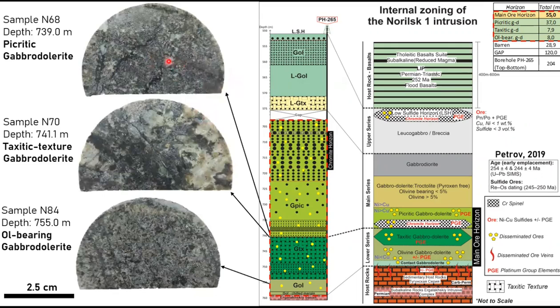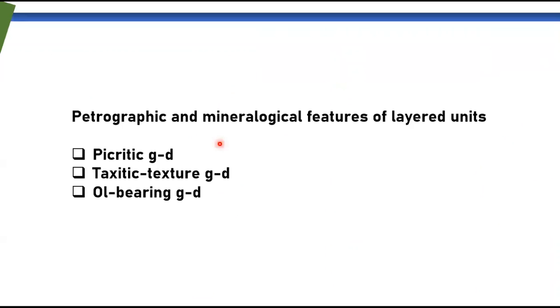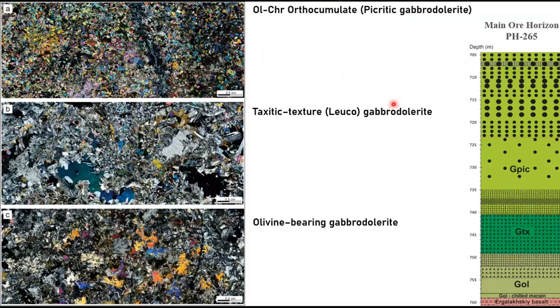These are three hand-view samples from the units of the main ore horizon, which at first glance differ from one another. So we're going to see in more detail.